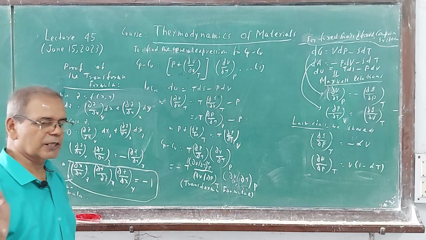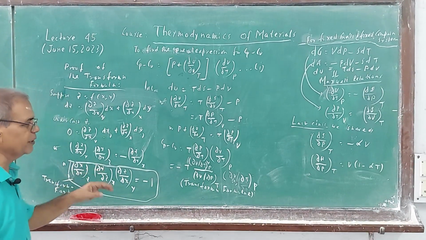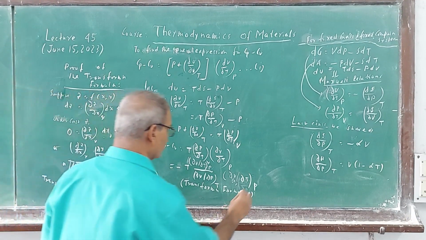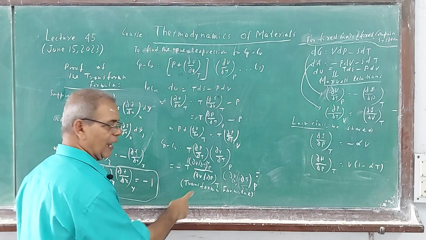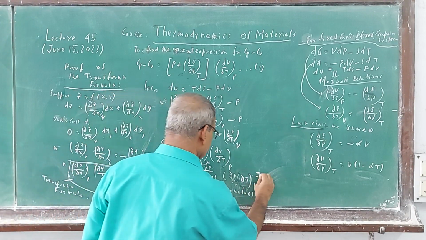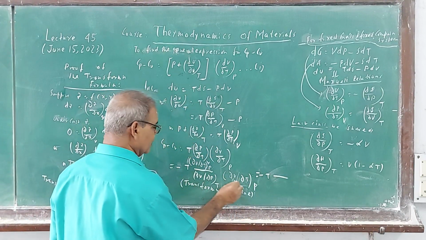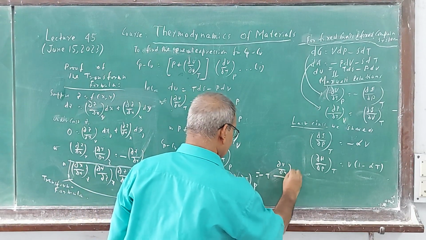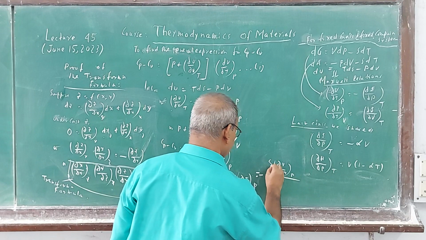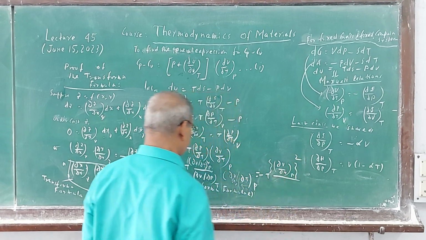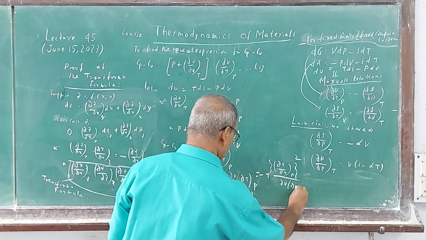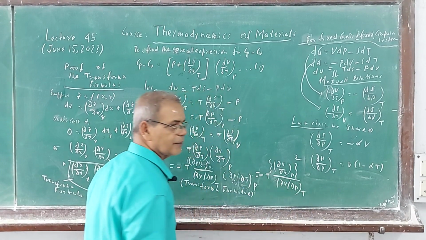I will solve some problems today, but we are very close to formulating Cp minus Cv. Continuing, this part is minus T times (del V by del T) at constant pressure, squared, divided by (del V by del P) at constant temperature.